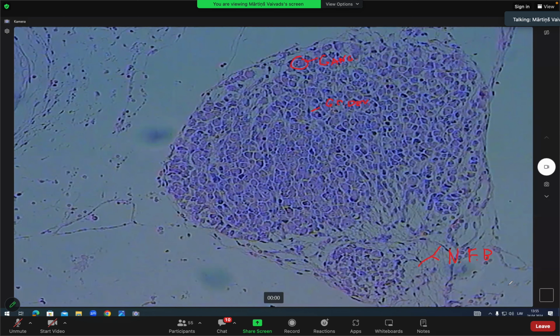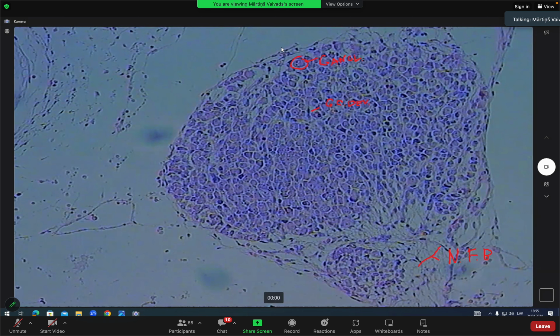So gangliocytes are the big cells. So gangliocytes, big cells, glial cell, GCDV, so glial cell development, and nerve fiber bundles. So gangliocytes, these are gangliocytes.